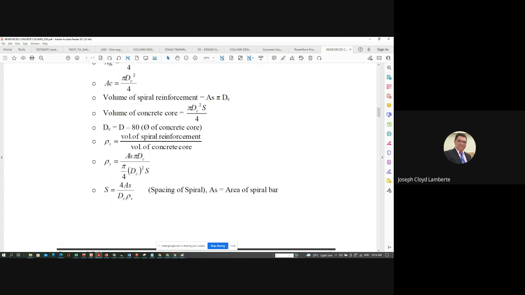So AS pi DC over pi over 4 DC squared S. One D cancels, and pi cancels. What remains is AS over one fourth DC times S. Then the S, you cross-multiply it with the spiral ratio. So the spacing is 4AS over DC times the steel ratio.